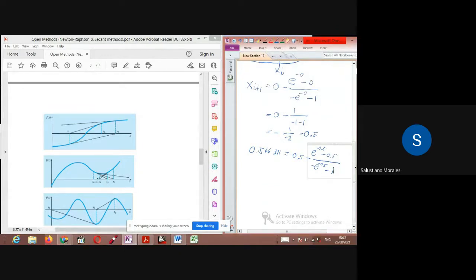So the inflection point is the part of the curve where it changes its curvature. Okay, so makita natin dito. Hindi ko kasi masulatan ito, naka-PDF kasi yan. So I will draw another here.